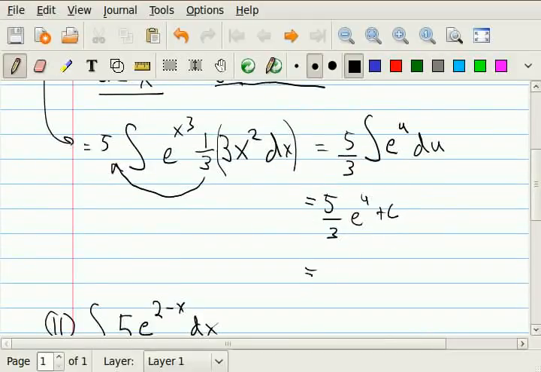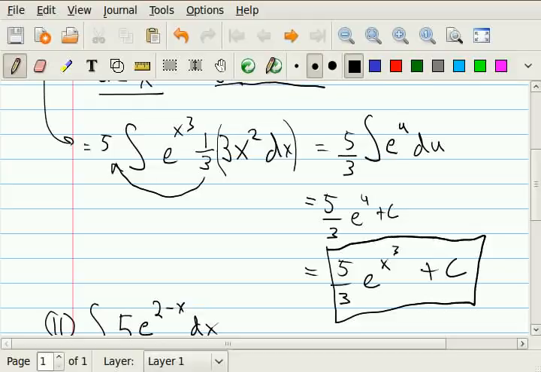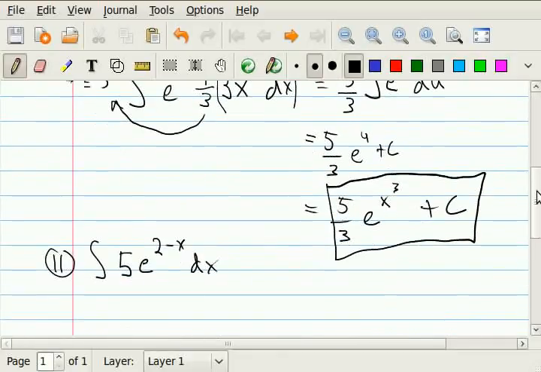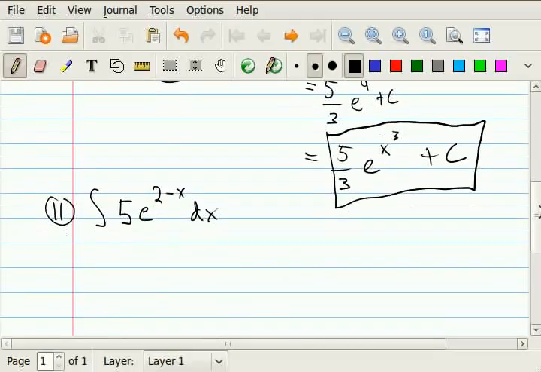Finally, we replace u with what u is, and u is x cubed. Remember, u is just our little temporary substitution. We need to go back to the original problem, which phrased everything in terms of just x. Making that substitution worked, and we got the indefinite integral.